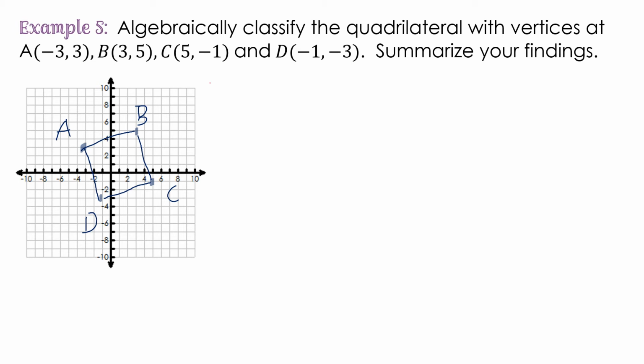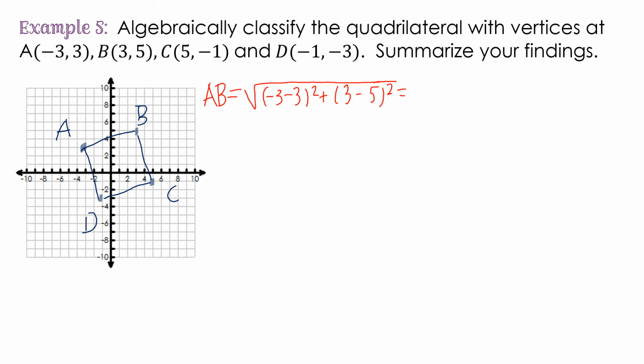So let's start with AB. So we're going to do -3 minus 3 squared plus 3 minus 5 squared. And I'm trying to, as we progress through this, show less and less work, just for space and time, it makes it a lot easier.